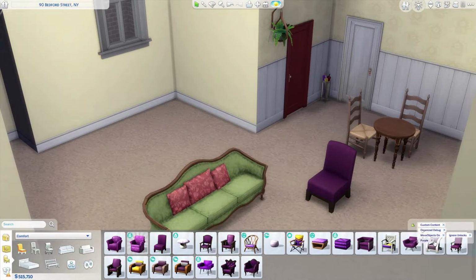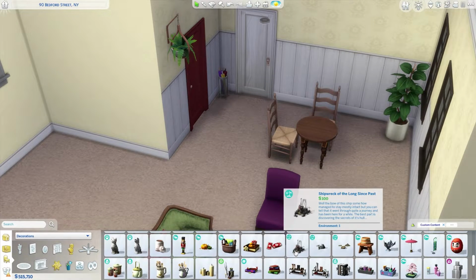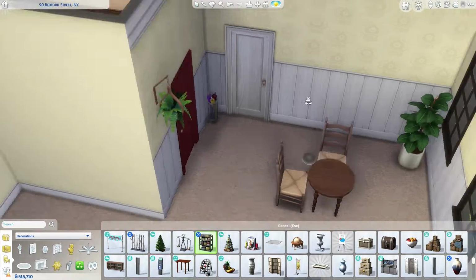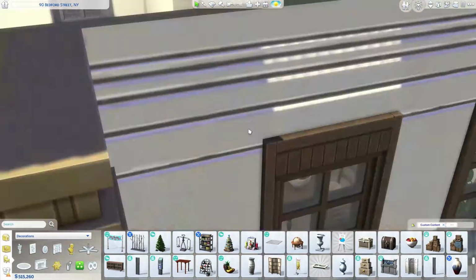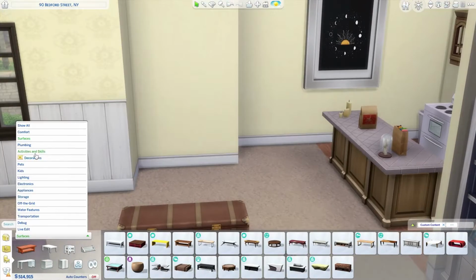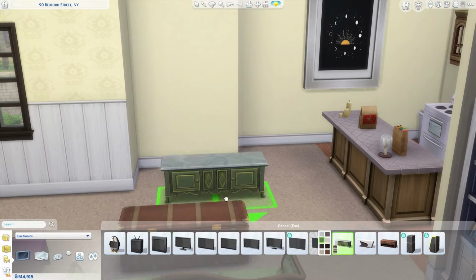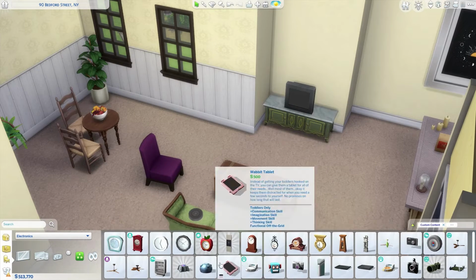I really like the couch she has, so clearly I couldn't add the exact replica with the expansion packs that I have, and not downloading CC for build modes. So that couch was the one which I could find as the closest one.